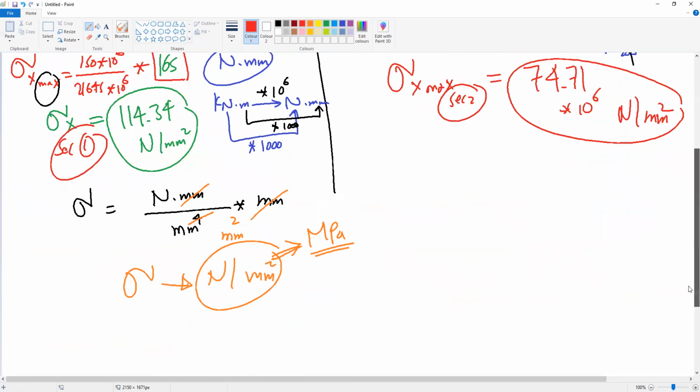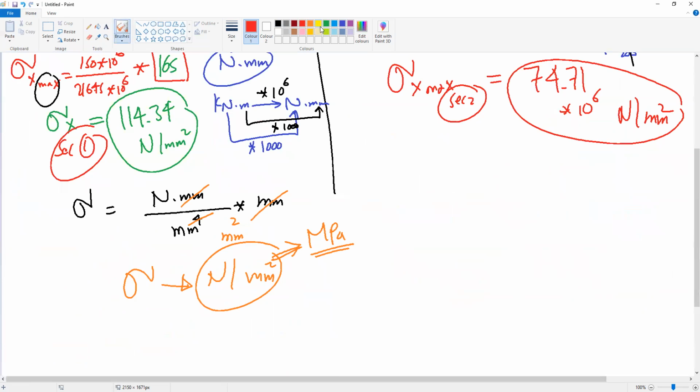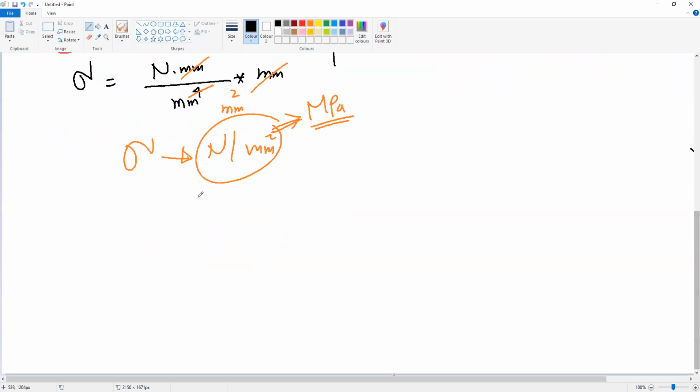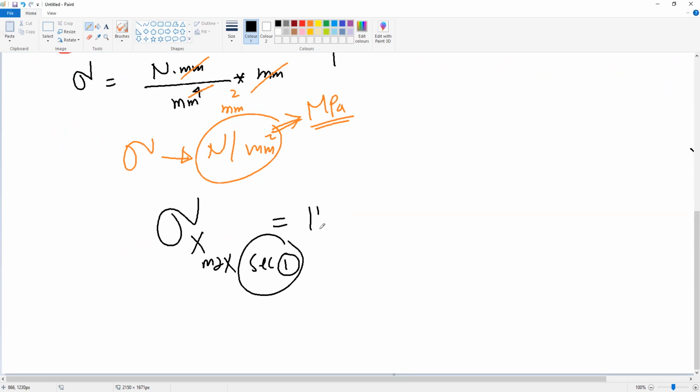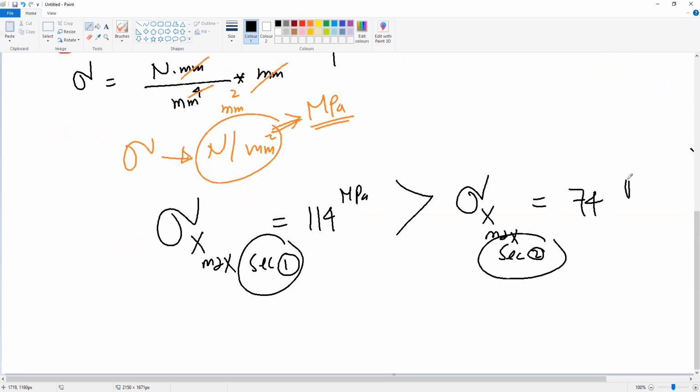If we have a look at the two stresses here, we have 114 and 74. So the maximum stress on section 1, equal to 114 MPa, is larger than sigma x max for section 2, which is 74 MPa.